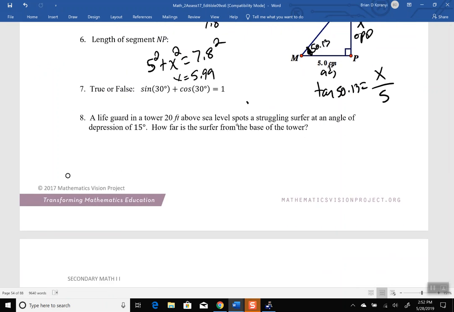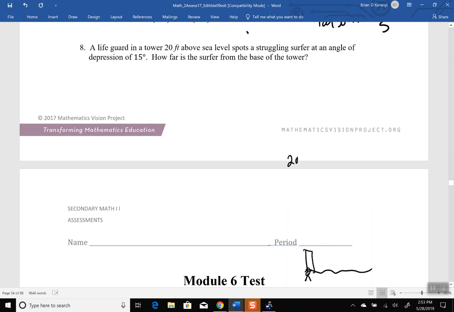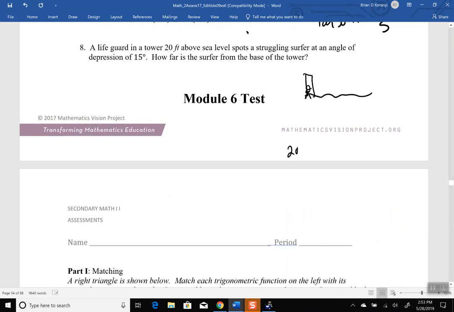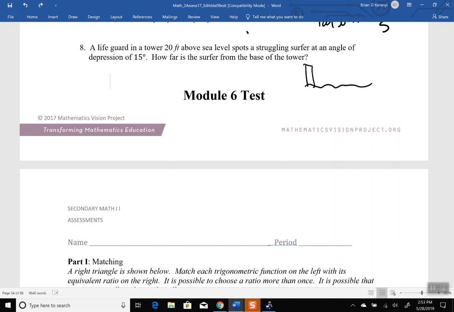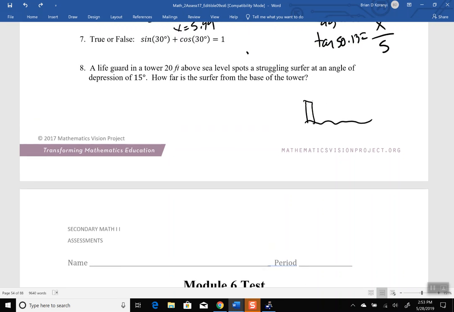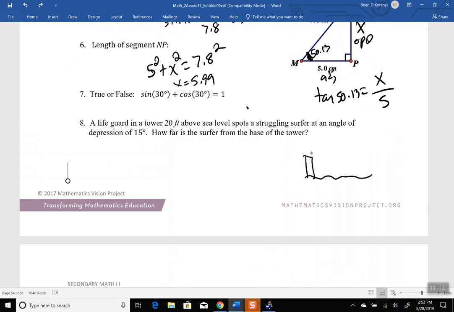A lifeguard in a tower 20 feet above sea level. So here's our tower. Here's the lifeguard. Spots a surfer at an angle of depression of 15 degrees.